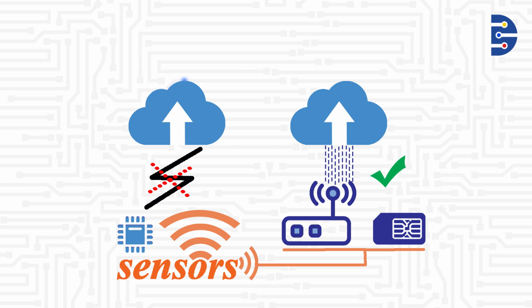So the sensor connects to an object and captures the data. This data needs to be sent to the cloud, but it is sent to the cloud through this communication device. This communication device works either on Wi-Fi or on a GSM module or any other networking technique. But this communication module is responsible to take the sensor data and send it to the cloud.